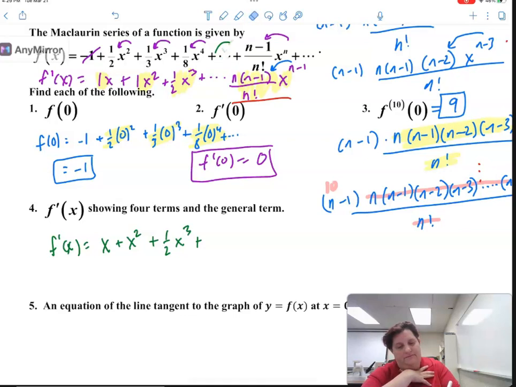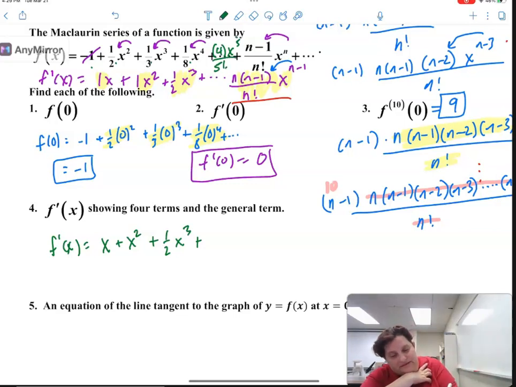Let's see here. So it's the n minus 1 term. This started at n equals 1, n equals 2, because that's 2 factorial, n equals 3, n equals 4, n equals 5. So it would be x to the 5, it would be 5 minus 1 over 5 factorial.